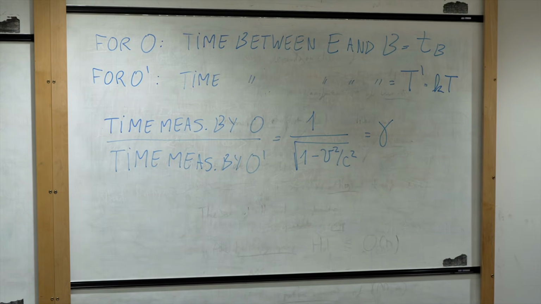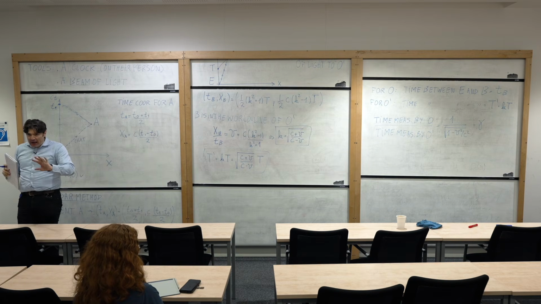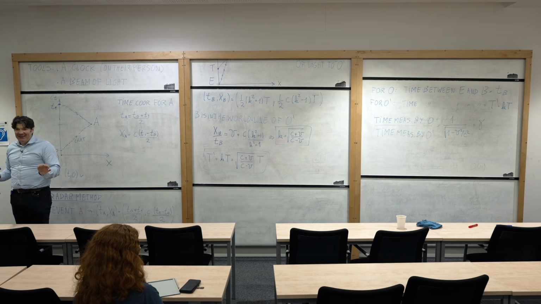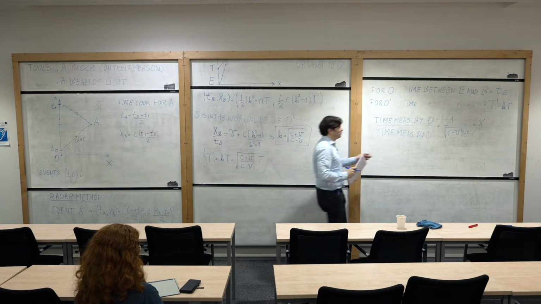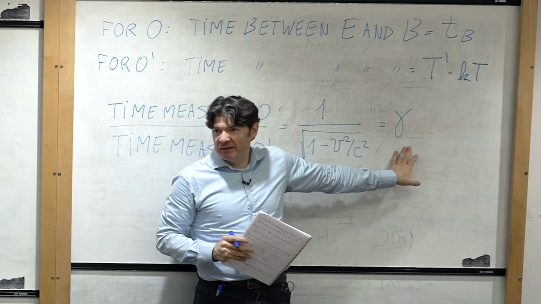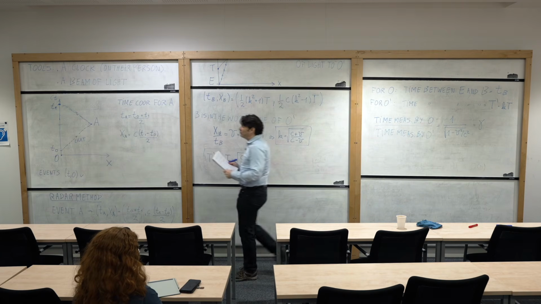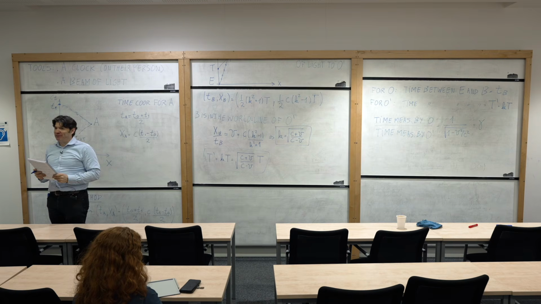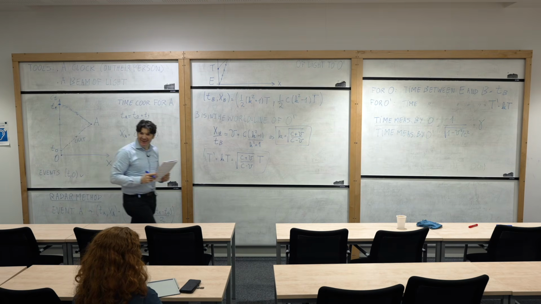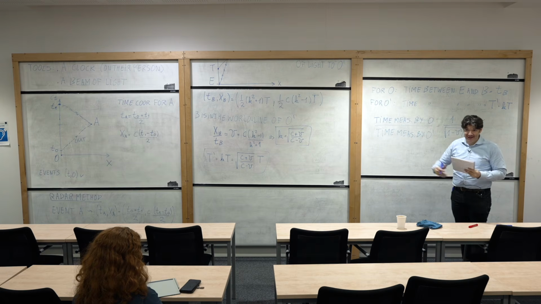So O and O prime measure that the time elapsed between the same two events is different. And the difference between the two times is this factor gamma, which is what appears in the Lorentz transformation. We will come back to this. This is known as time dilation, and it leads to a lot of paradoxes in science fiction movies that we will understand how they are solved next lecture.